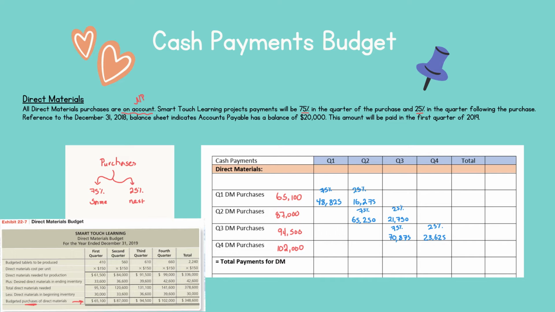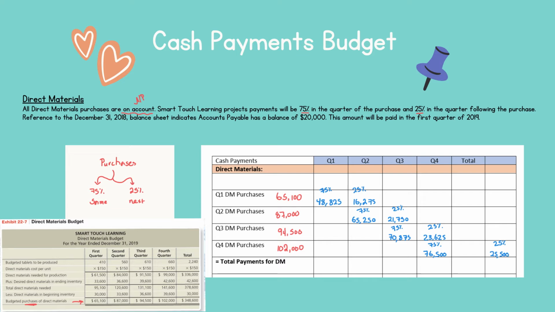Quarter 4 purchases, 102,000, will be paid as follows: 75% in the same quarter, which is quarter 4, and 25% in the following quarter, which is quarter 1 of 2019. So 75% of 102,000 is going to be 76,500.